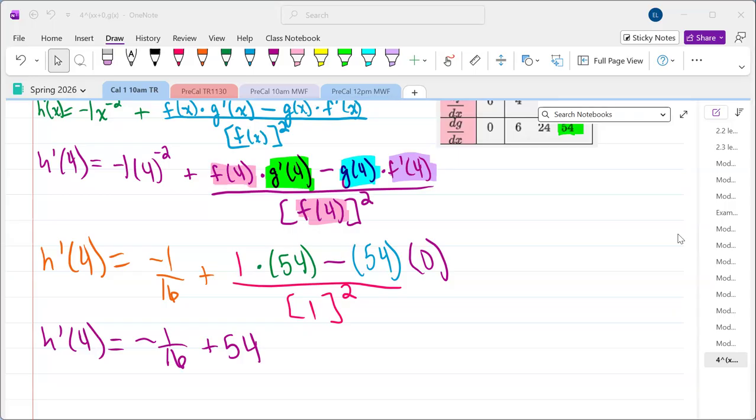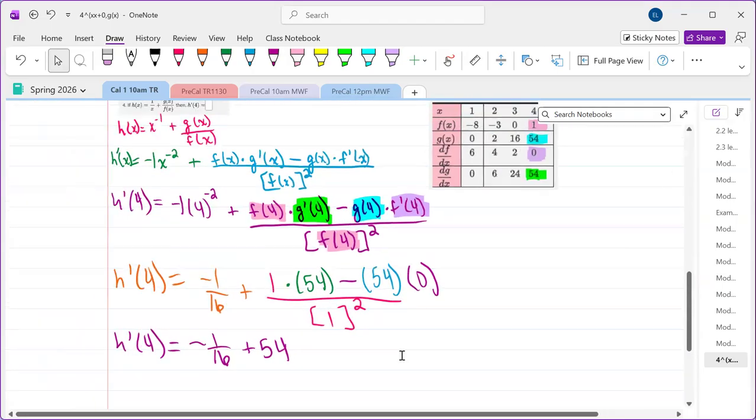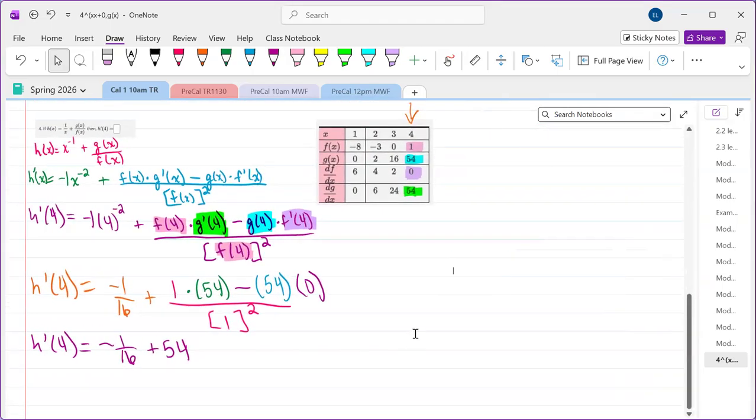Now you could calculate it, write the decimal and type in the decimal and Webwork will take the decimal. So what questions do y'all have on how this one shook out?